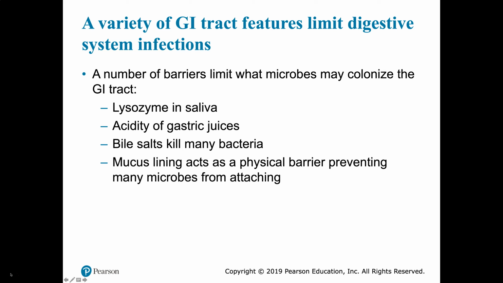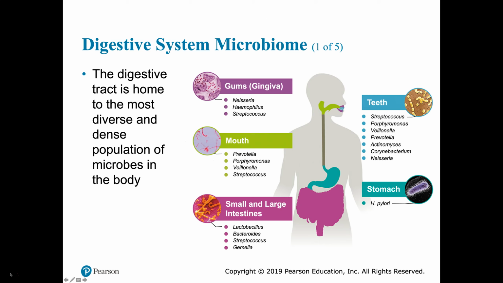Now, they don't do it out of the fact that they have love for us. They do it because we give them food, we give them a space to live, right? And in return, we ask for a little bit in return. We ask for protection and some synthesis of vitamins.